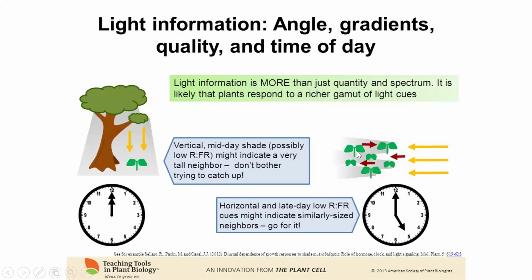On the other hand, if you have intercrops that are about the same height, and we think about later in the day when the sun is closer to the horizon, the far red ratios will indicate to the plants that their neighbors are about the same height, and so they should continue to grow.